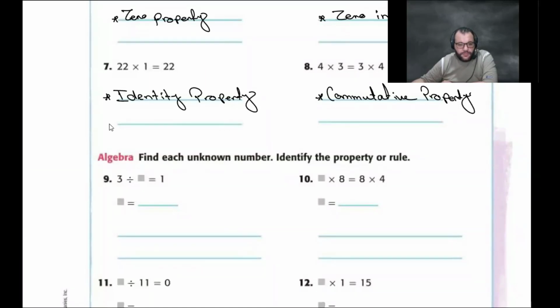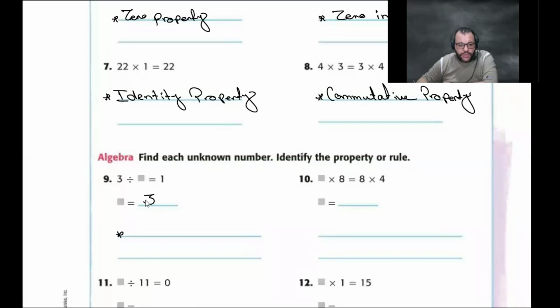Identify the property or rule. We need to find the value: unknown divided by 3 equals 1. What is the name of this property? 3 divided by 3.